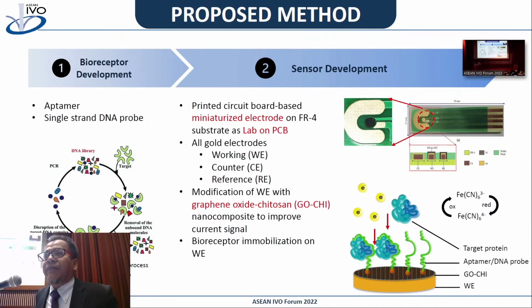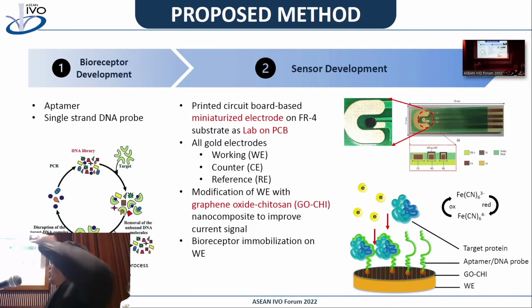In Malaysia, we have some problems with food handlers, right? Some are detected, but we cannot detect others as carriers. So we focus on two detections: the infected patient and also the carrier.